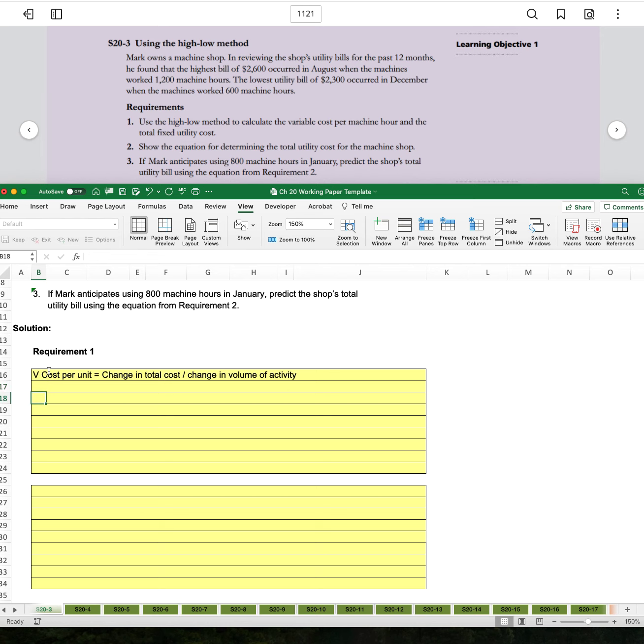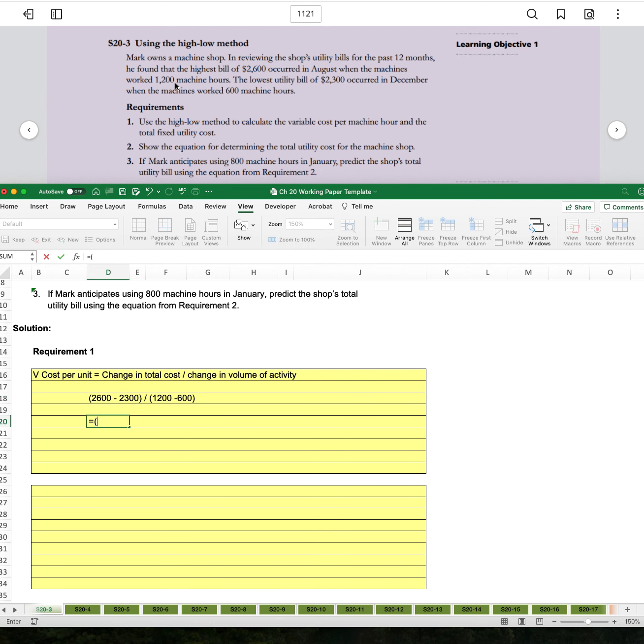And so that means we're going to say the highest cost of 2,600, let's put this in parentheses, minus the lowest cost of 2,300, divided by the highest machine hours, so 1,200, minus the lowest machine hours, which is 600.